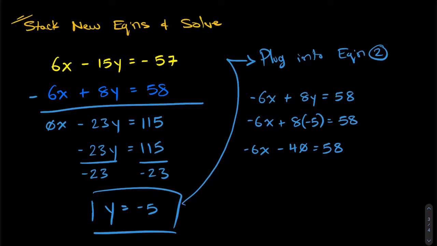Yep. So this is just going to be 6x equals 58 plus 40, which is 98. And x is equal to, in this case, I'm just going to divide everything by 2. 98 divided by 2 is 49 over 3.